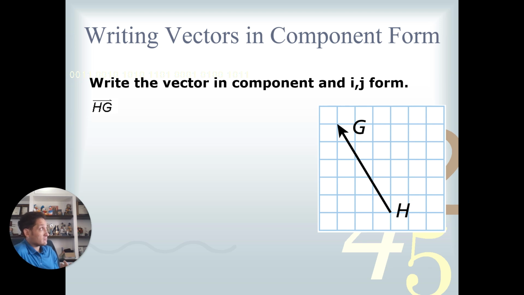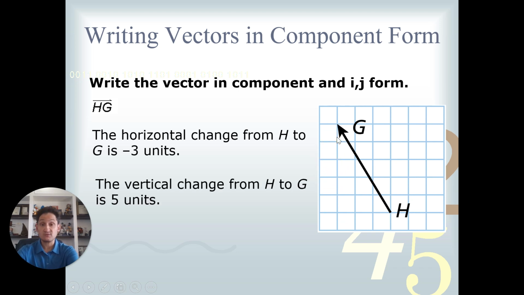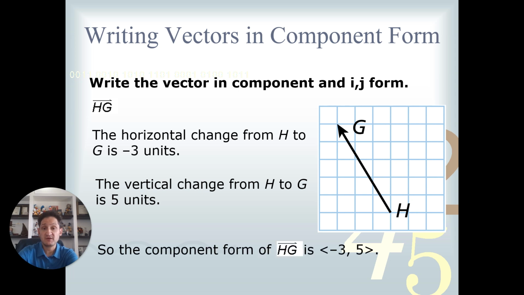Now, fortunately, we're on a grid here, so we can just count boxes. Eventually, other things will come into play, like I'll mention in a moment. Here's where my initial point is. I'm going 1, 2, it looks like 3 units in the negative x direction. And then it looks like I'm going 1, 2, 3, it looks like 5 units in the positive y direction. So -3, 5.